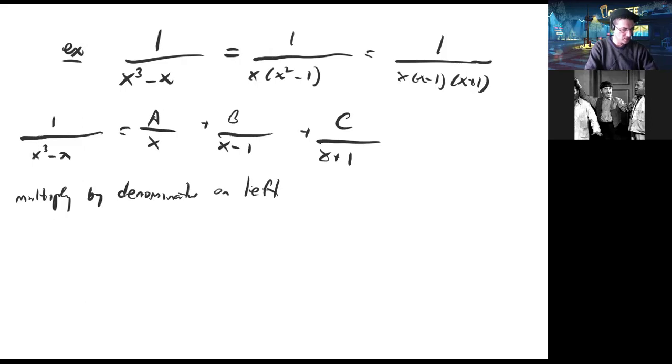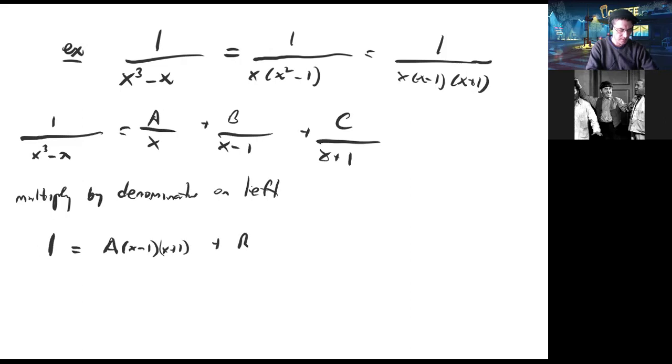The equation. So if you do that, you get 1 is equal to A. Now, that denominator is factored as x times x minus 1 times x plus 1. So if you take A over x and multiply it by the denominator, what's left over is x minus 1 times x plus 1.